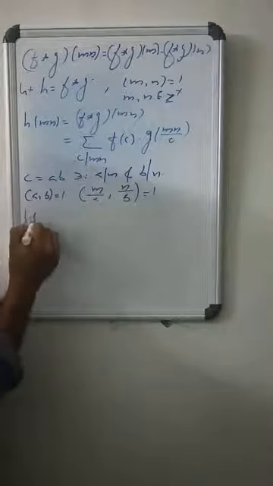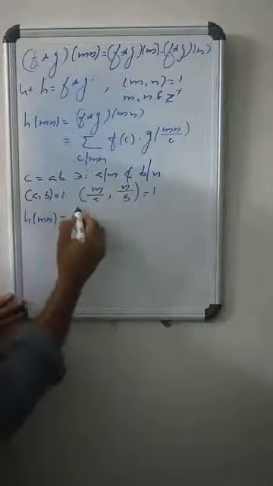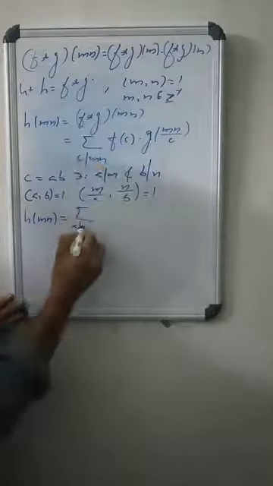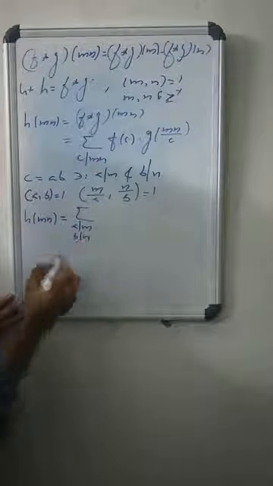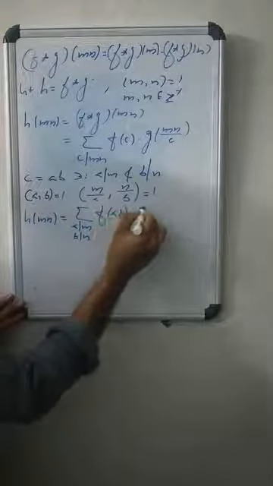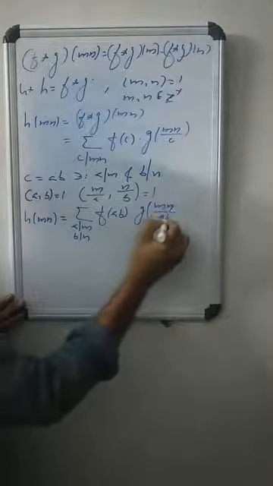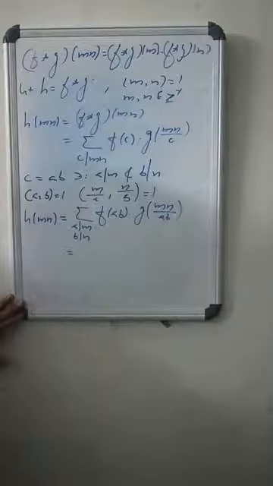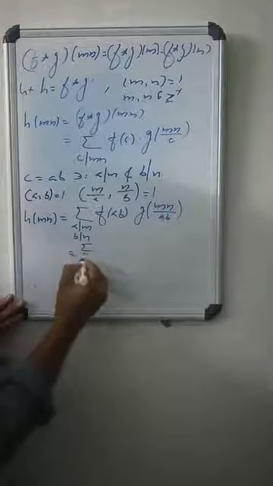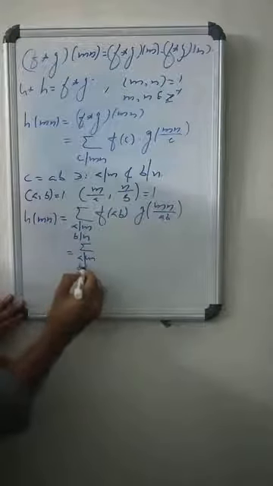Hence, what about h of mn? Therefore, h of mn can be expressed as the sum over c divides mn, which is the sum over a divides m, b divides n, of f of ab into g of mn by ab. That equals the sum over a divides m, b divides n.